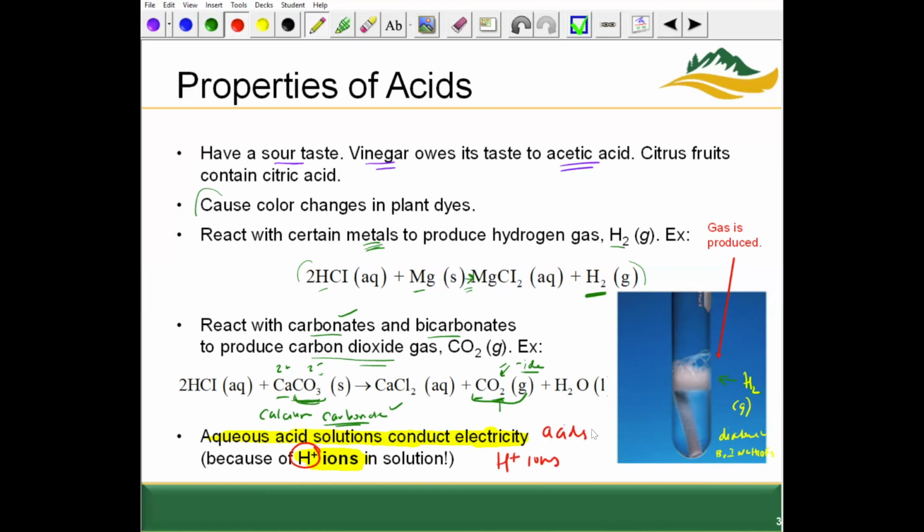So acids will dissociate into H+ ions and then whatever other component of their molecule when in solution. For example, here HCl, H+ would dissociate from Cl. We'll talk more about this dissociation of acids into H+ ions when in solution.